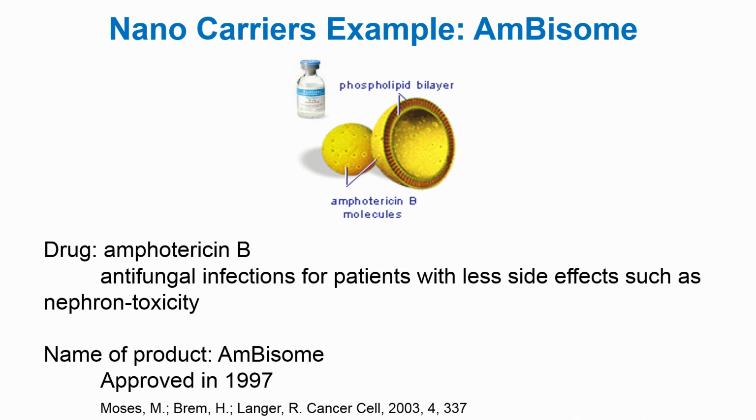Here is another example. In this case we are looking not at tumor, but at inflamed or infectious sites. The product is called AmBisome, a liposomal formulation in which the drug being used is amphotericin, an antifungal drug, but this drug causes lots of side effects in the nephron, basically the kidney.